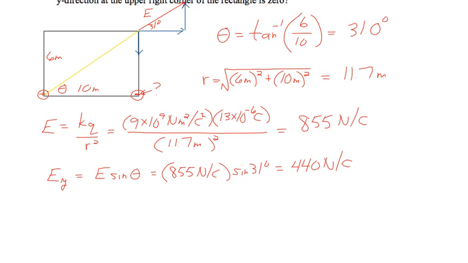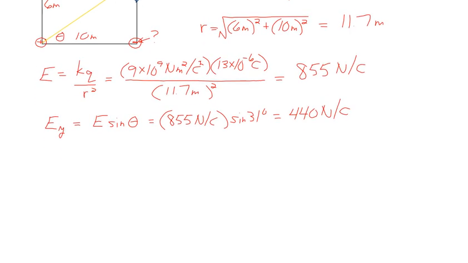Rearranging this formula, you get Q equals E R squared over K. But the E here is E_y, because that's the value. We're not going to be using this E up here. We're using that E because that's the amount of electric field we need to create from that charge in the bottom right corner.